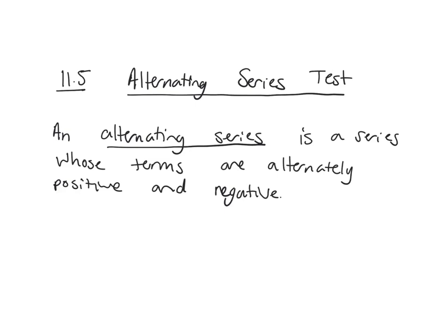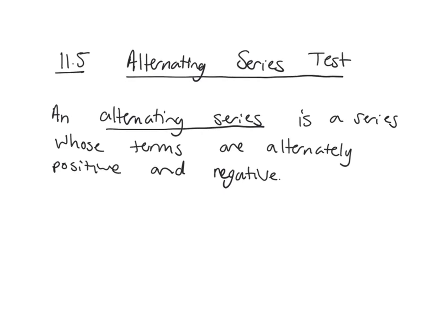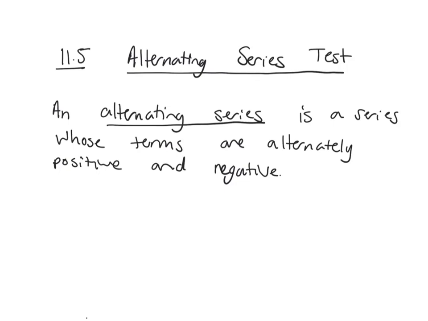So we've seen a lot of examples of these already, but I'll remind you of what these look like. So maybe your series looks like 1 minus 1/2 plus 1/3 minus 1/4 plus 1/5 and so on.